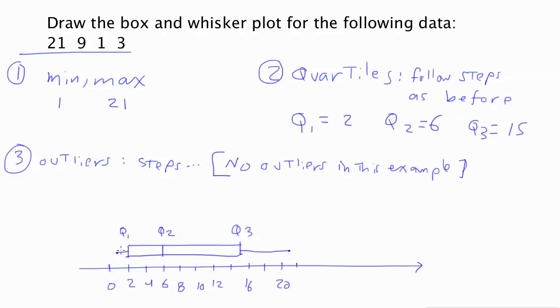So these are my whiskers, these small thin horizontal lines, from the minimum to Q1, and from Q3 to the maximum. Here I have the minimum, and here I have the maximum. So in this case, that's my box plot.